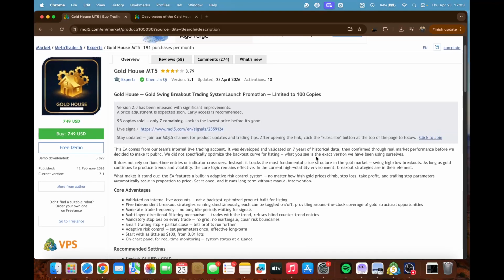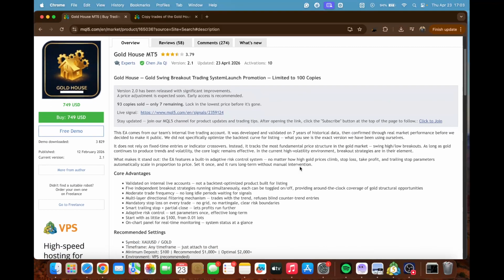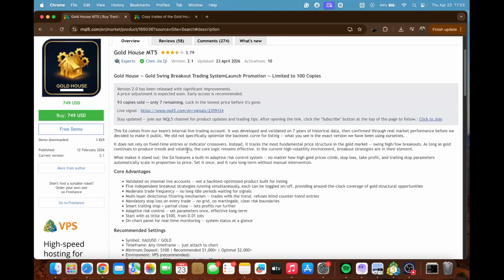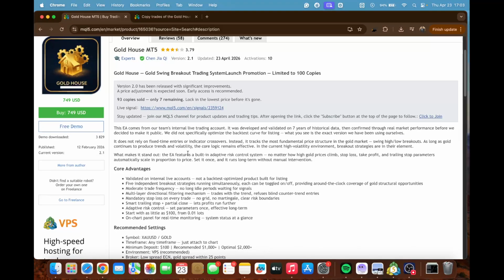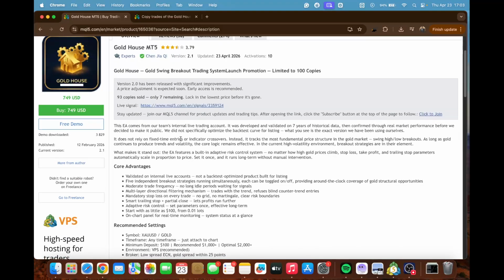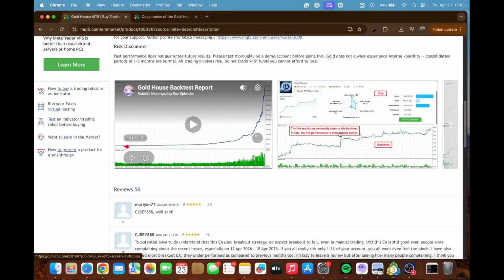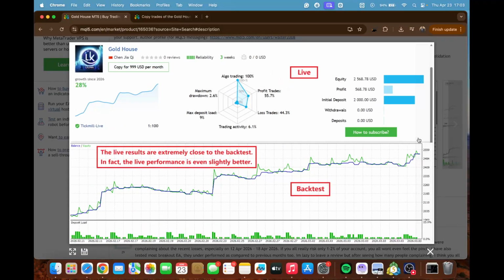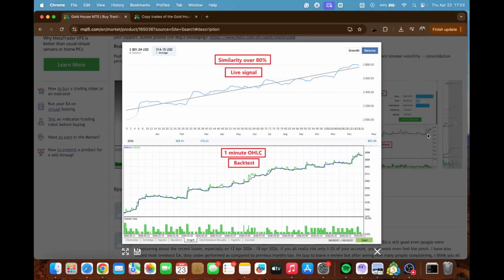It uses multi-layer directional filtering, so it only takes trades with the overall trend and avoids blind counter trend entries, according to what is being marketed here on the MQL5 page. They stress that this comes from their internal live trading account, validated on 7 years of data and not curve fitted just for the listing.